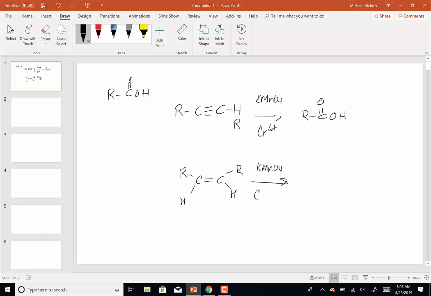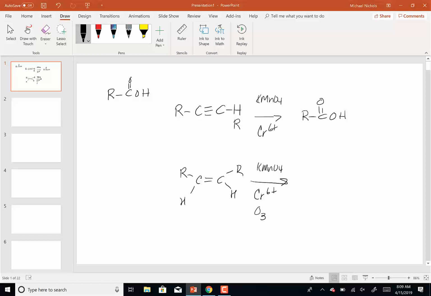Although, what else could I do to the double bond to cleave it and make a carboxylic acid? I could do, and it starts with O, ozonolysis.